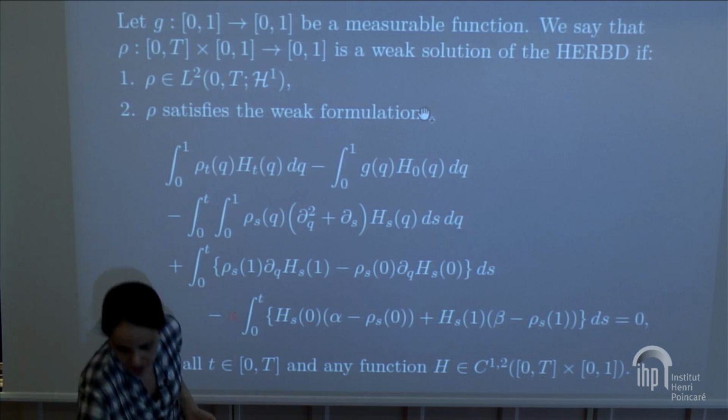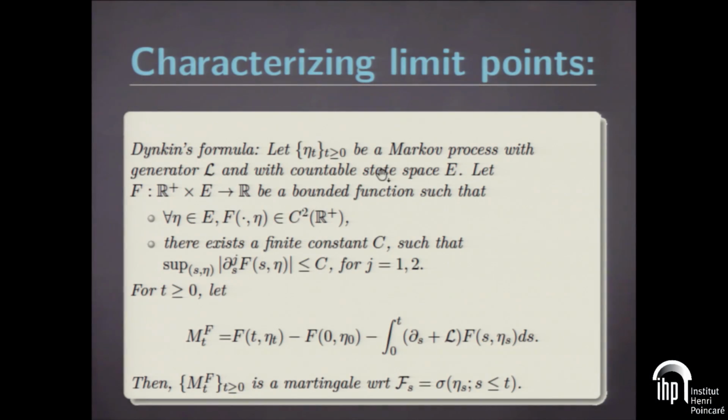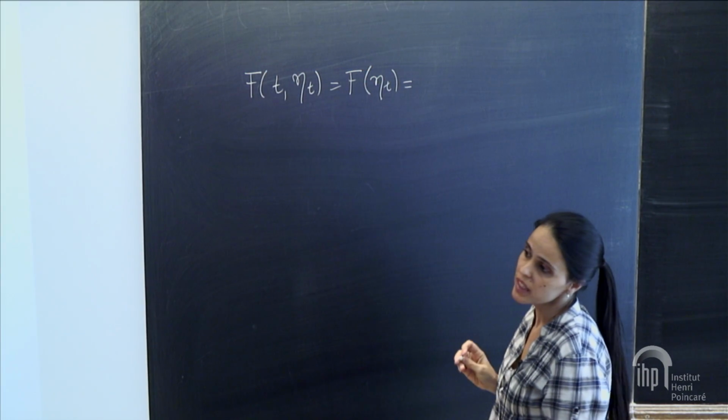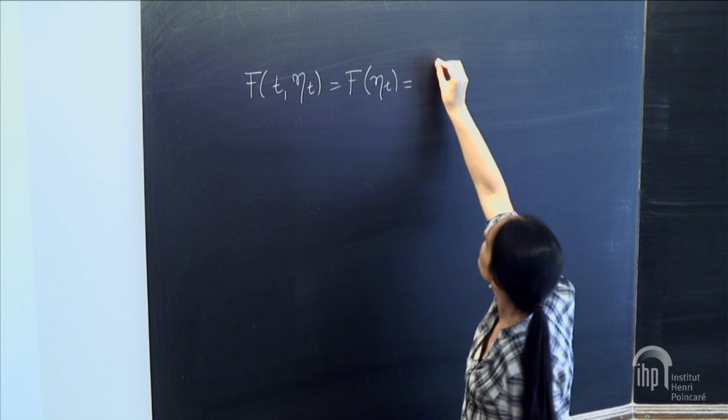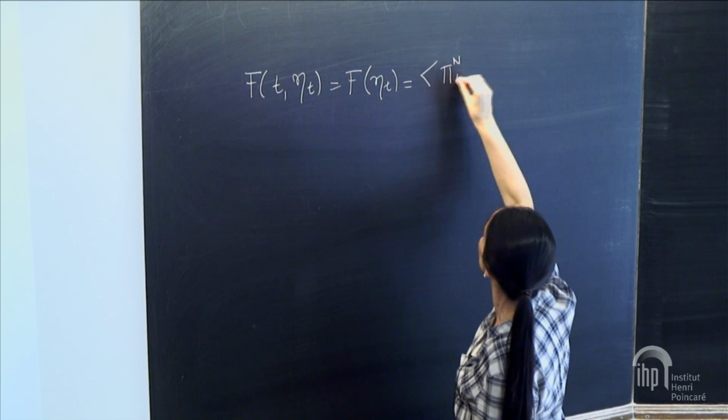Okay? So I said that we are going to apply Dynkin's formula. So there is this result, and we are going to apply it for this function f_t(eta_t), which is in fact just a function which depends on eta_t, which is the following. It is just the integral, and I'm going to use this notation as I used before.